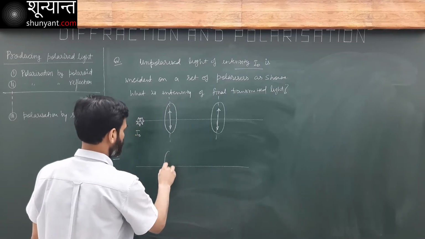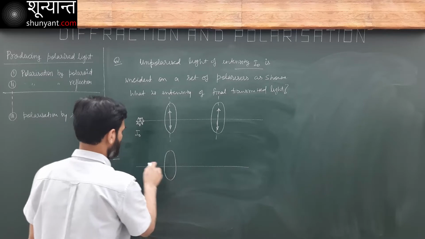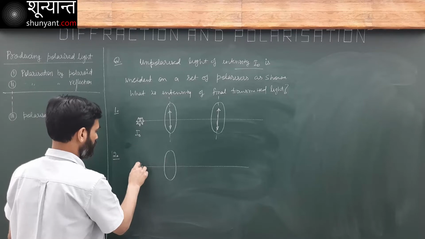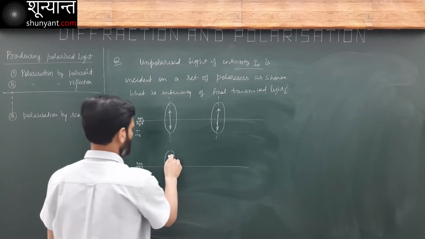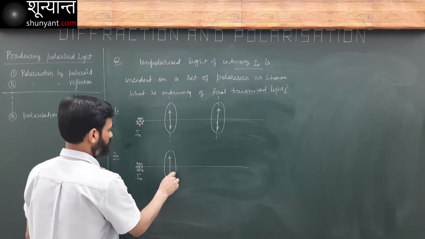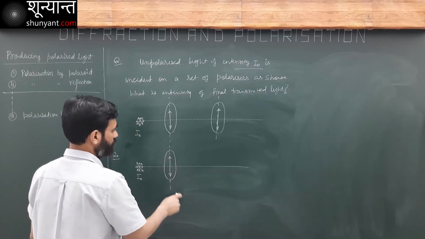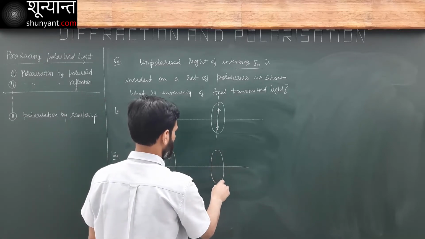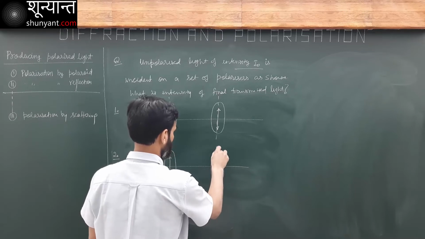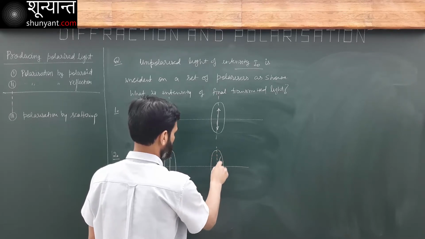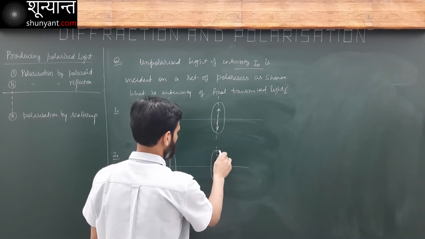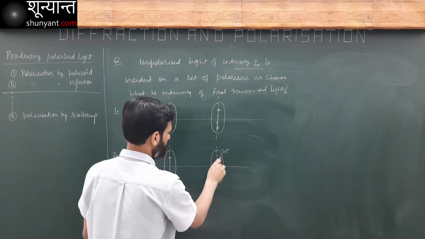I have this first polarizer, this is my light I naught, and this is the polarization or transmission axis. Both are the same, and then I have this thing here. Now this is the axis. This angle here is 30 degree.